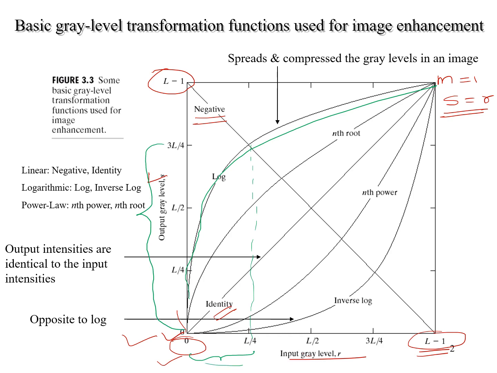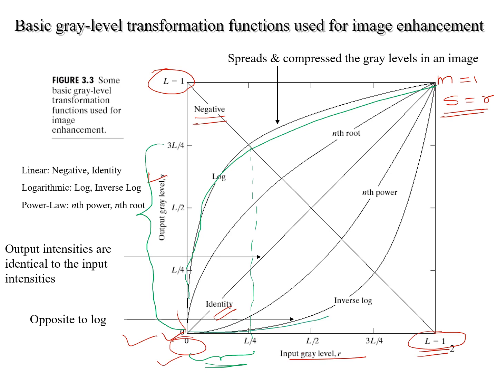So for a smaller input range, we are assigning a larger output range. The pixels which were dark become bright in the output image, and the bright remains bright. So the overall image will become bright. Whichever details were not visible before become visible after applying a logarithmic transformation.